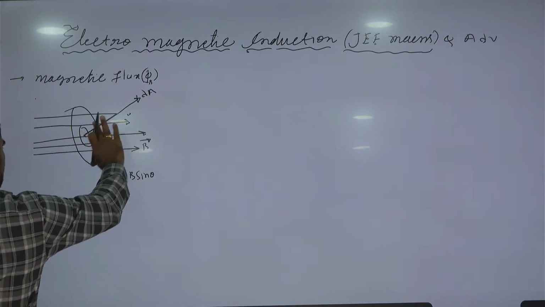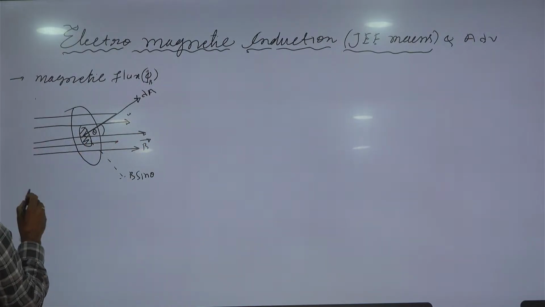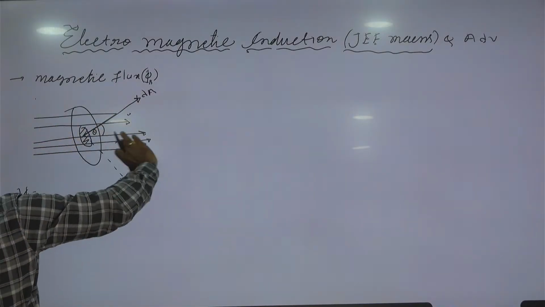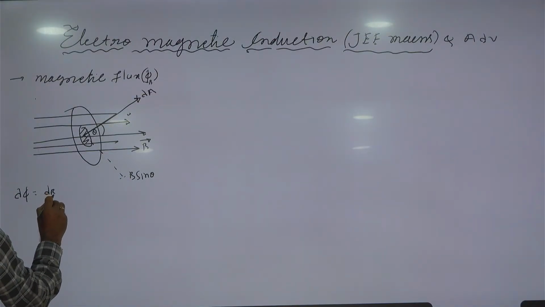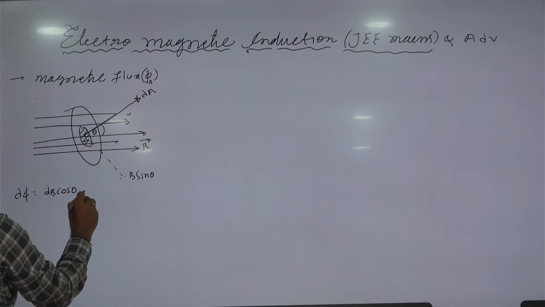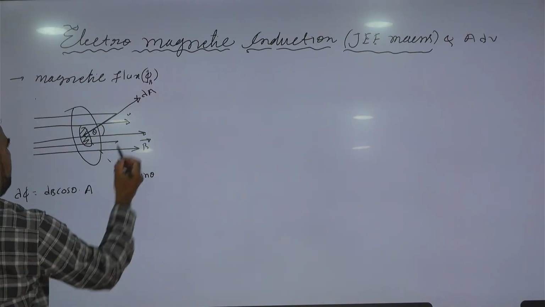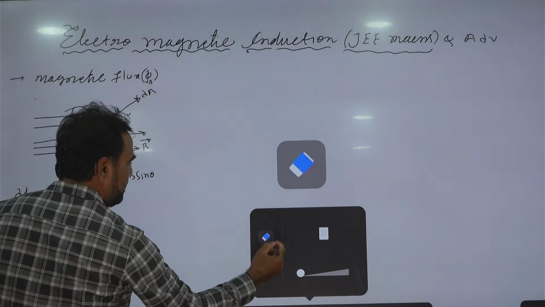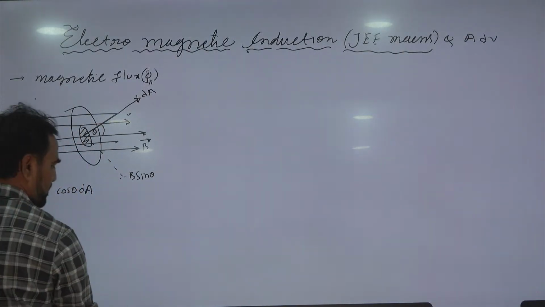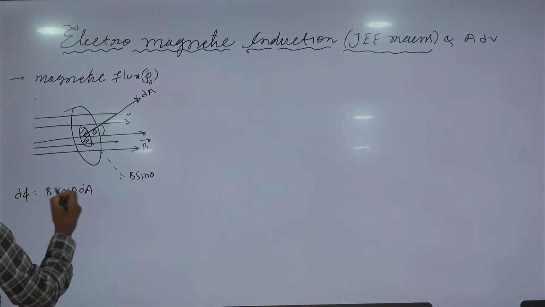So how much flux is passing through this area, that is d phi. d phi is equal to the component of the magnetic field along the direction of the area, B cos theta, into the area vector dA. Here it is B cos theta only, B cos theta into dA.